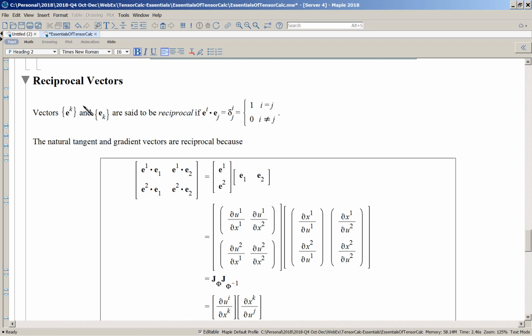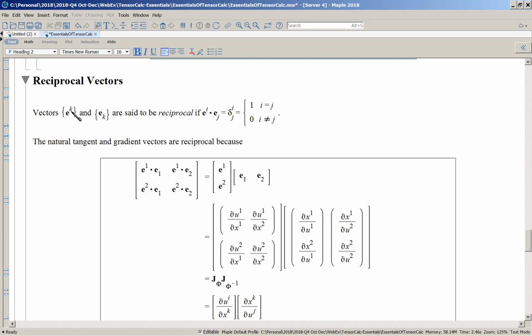So just consider 2 collections of vectors that have this property. Dot products are either 0 or 1, according to whether these indices agree or not.